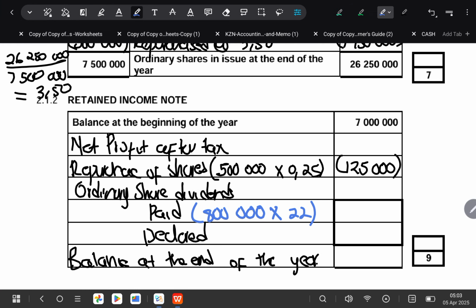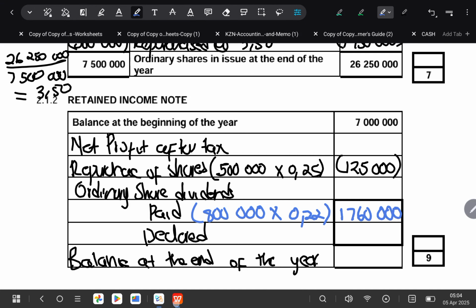Okay, so let's see. 8 million multiplied by 0.22 is going to give us 1,760,000. So we'd have that.